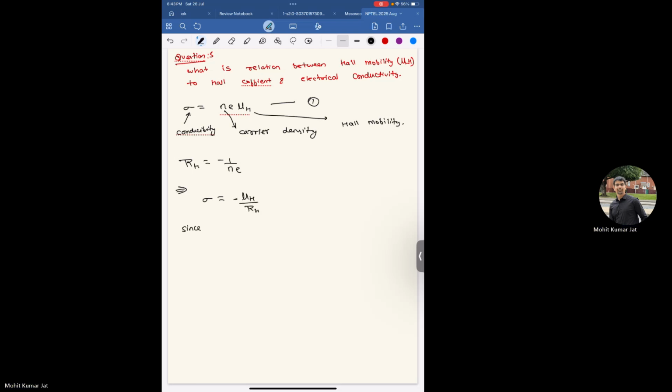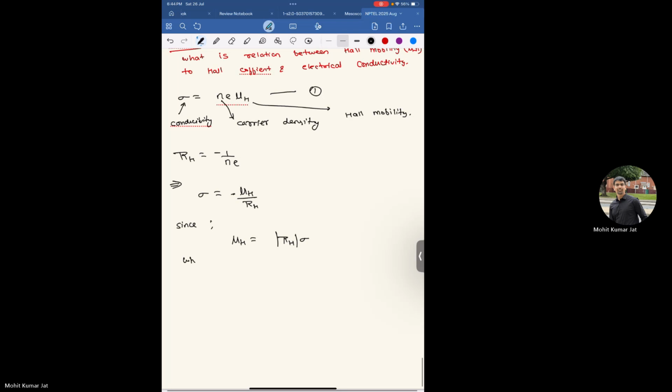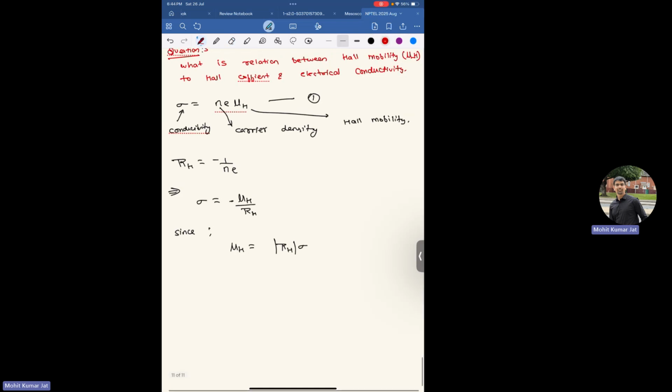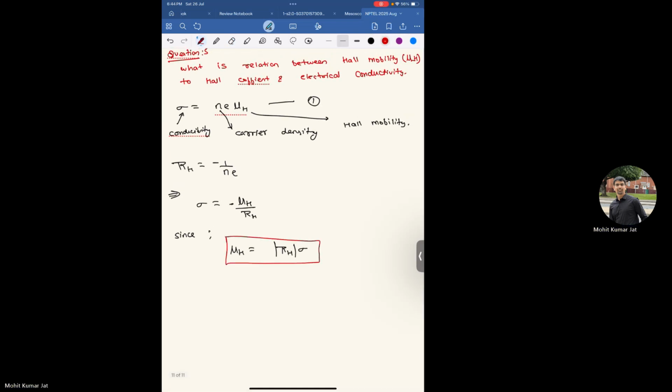Since negative mobility doesn't mean anything, this implies mu h will be modulus of RH times sigma, where mu h is the Hall mobility, RH is the Hall coefficient, sigma is conductivity and rho is resistivity. So this is the relation between Hall mobility and Hall coefficient.